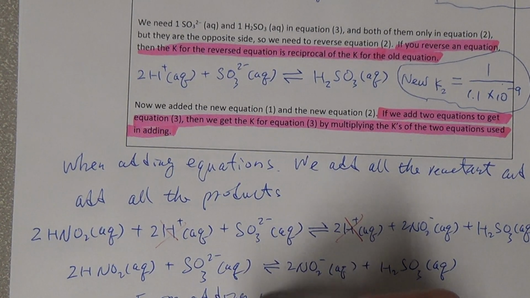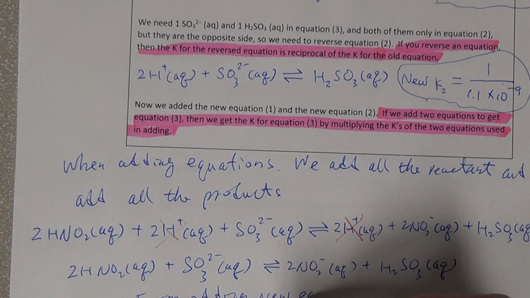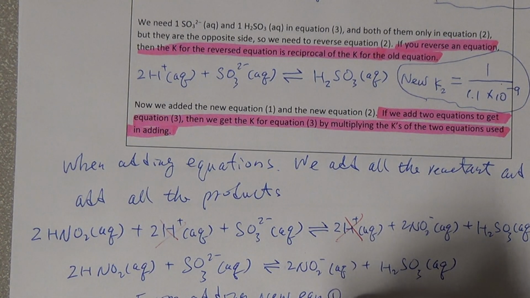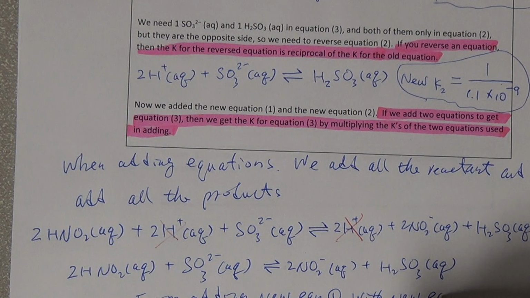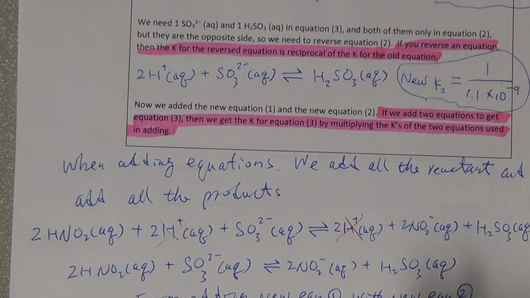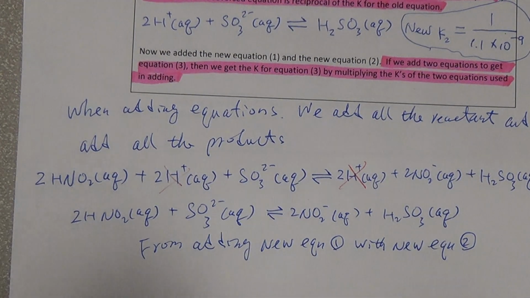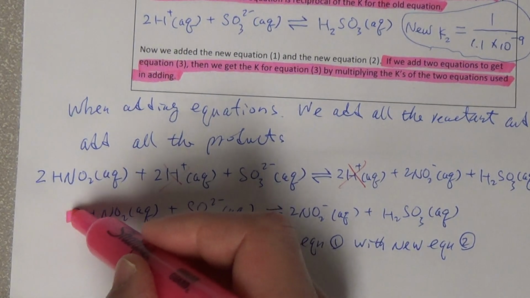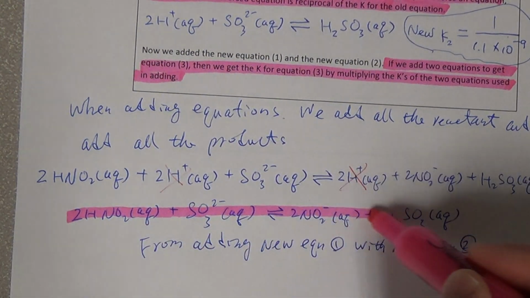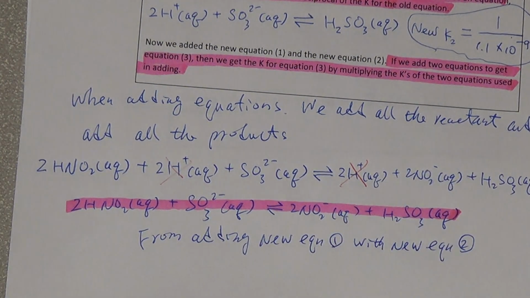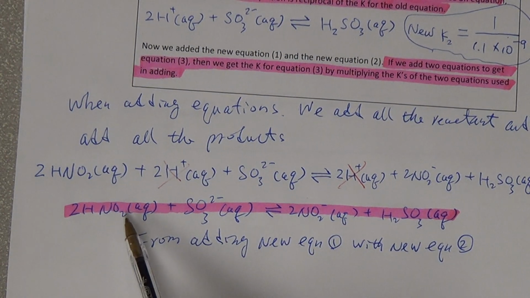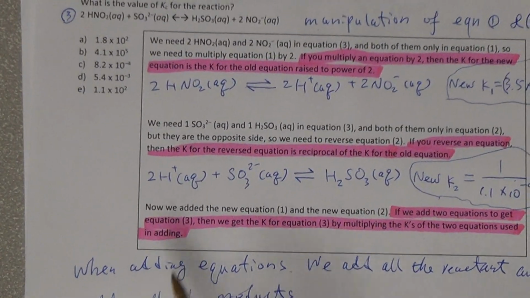So this equation is from adding new equation 1 with new equation 2. Okay? So this equation here, let me highlight, we get from adding the new equation 1 and new equation 2. And then we compare this one with the given equation 3.